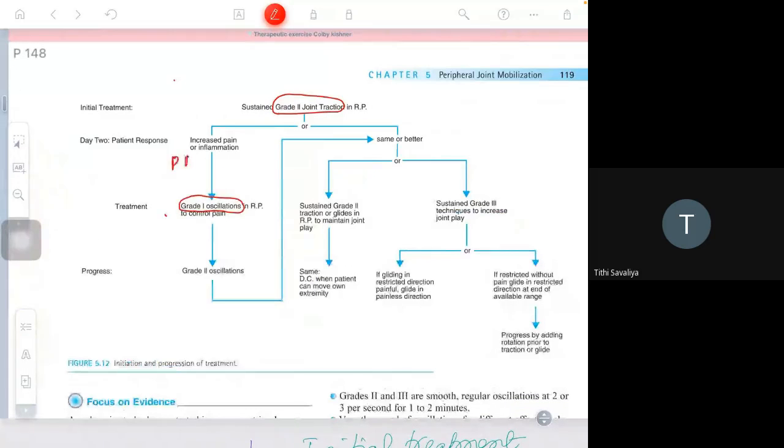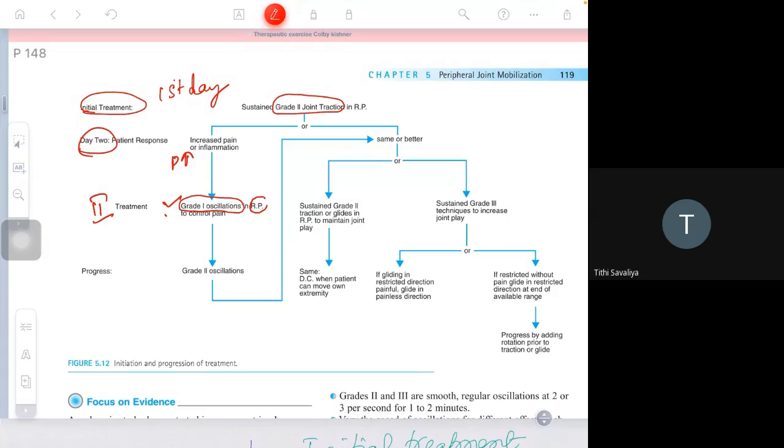Pain is increased. Then you had given grade 1 oscillation. This is day 2, second day. This is the first day. So what will happen if you give grade 1 oscillation? On the second day, you give the grade 1 oscillation technique in resting position.